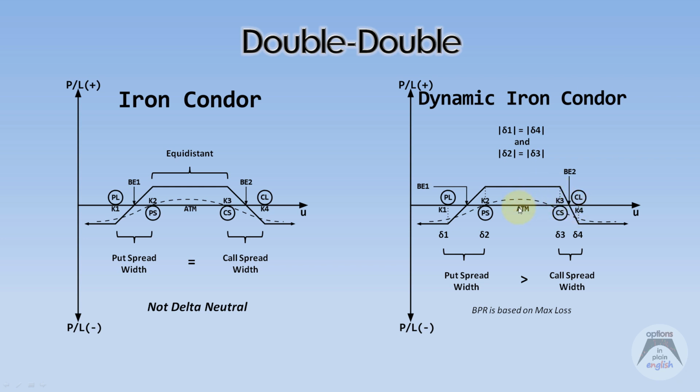If price starts here and ends up over here, you're going to lose from the short call to the long call, minus the credit you received, and that's going to be a loss. It's the same thing for the put: short put minus long put, or rather short strike price minus the long strike price, minus the credit that you received, and same for the call. So it's strike prices.